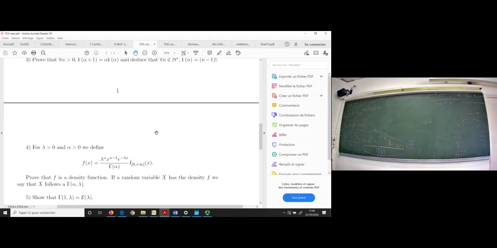I have S strictly negative, Z strictly negative, and Z strictly greater than 1. It's impossible, because these two conditions are not compatible. It's not possible to be strictly negative and strictly greater than 1. So at the end, I continue my computation here. I copy what I have done at the beginning.